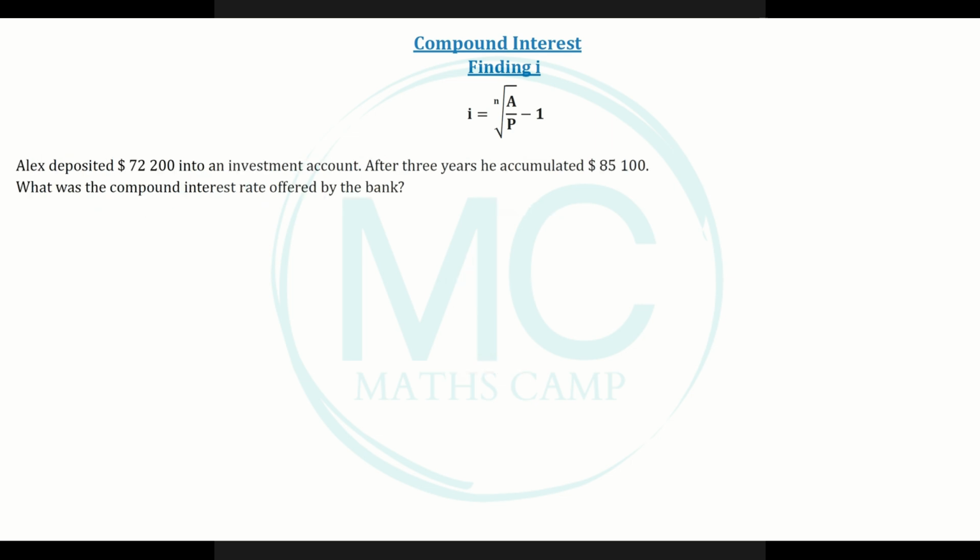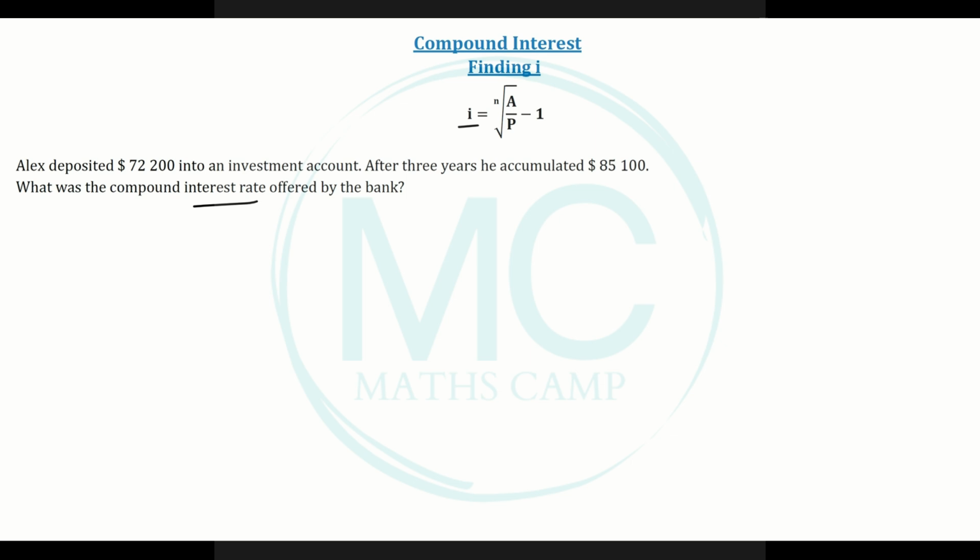Alex deposited $72,200 into an investment account. After 3 years, he accumulated $85,100. What was the compound interest rate offered by the bank? The question is asking us to find the interest rate, so we need to solve for i. Let's find our A, P, and n values.